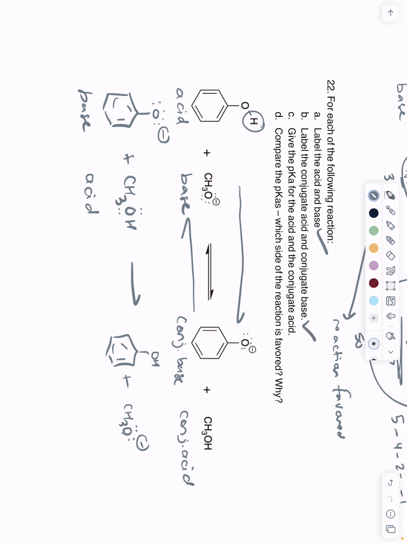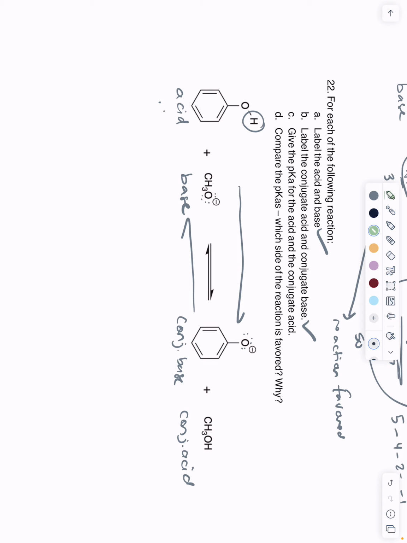Next I'm going to give the pKa for the acid and the conjugate acid. I'll erase where I drew it backwards so that you can see. That was just for demonstration purposes. You don't need to have that in your mind or anything. So I'll write the pKa here. The pKa of this, let me look on the pKa chart.